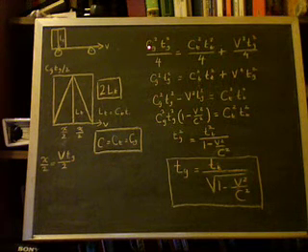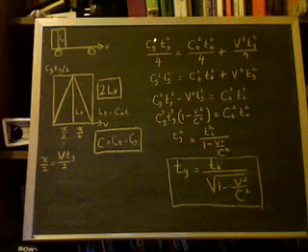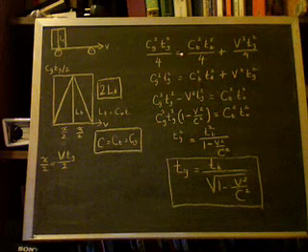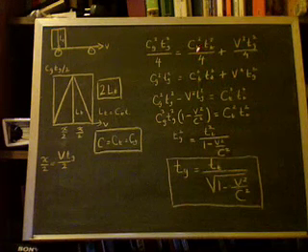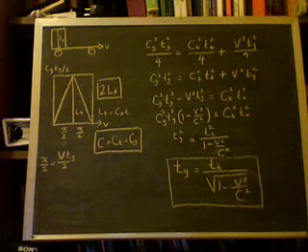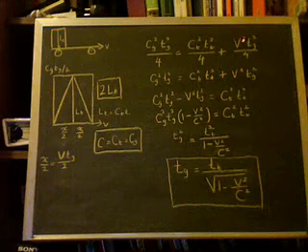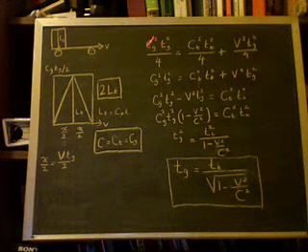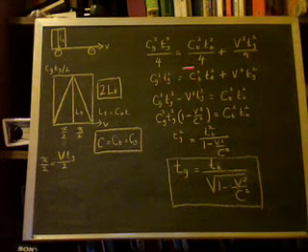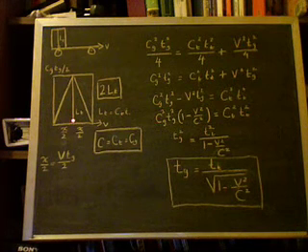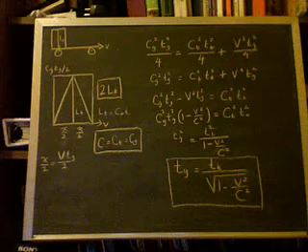So we will get CG square TG square upon 4 equals CT square TT square divided by 4 plus V square TG square divided by 4. And this will represent the Pythagoras theorem or equation for this particular triangle.